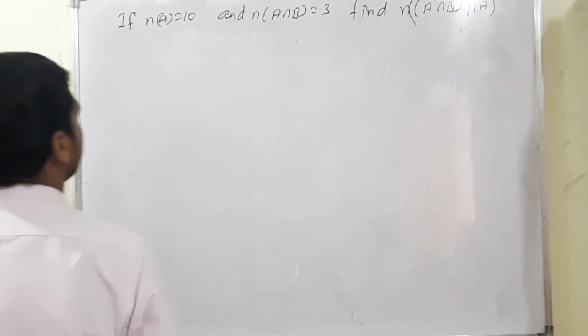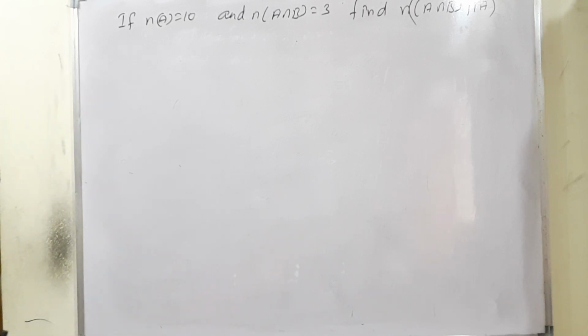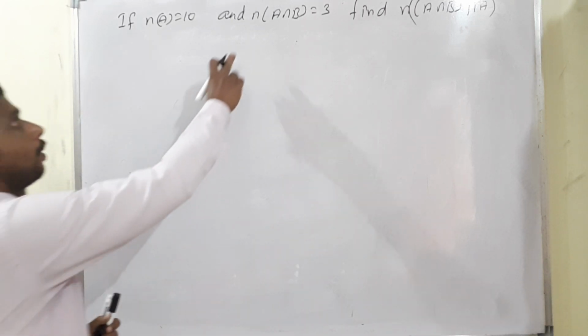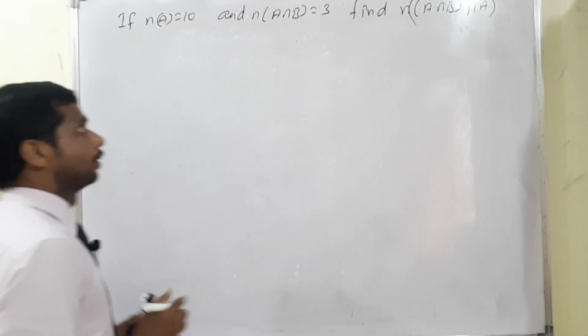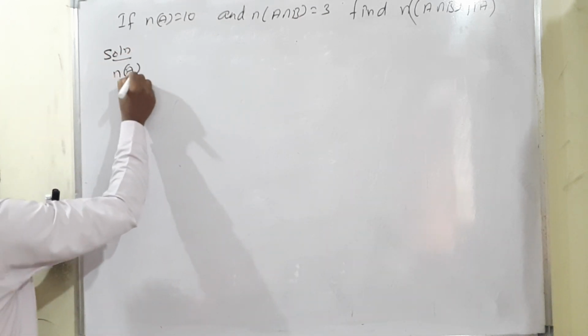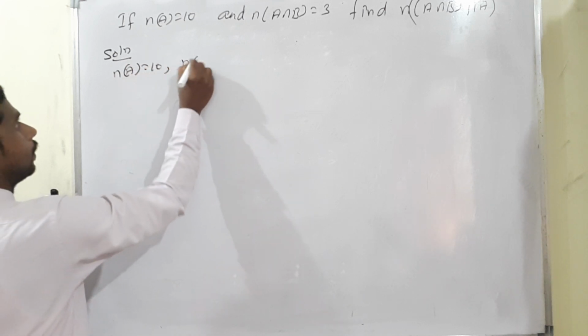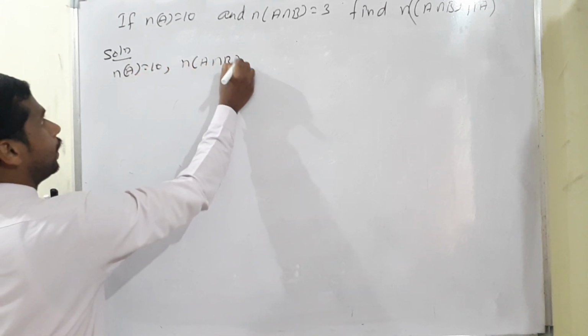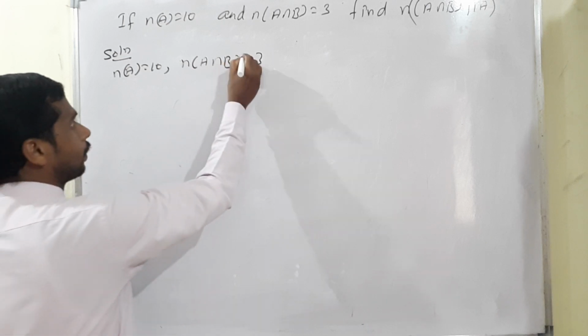Moving to example 1.7, if number of A is equal to 10 and the number of A intersection B is equal to 3. So given solution, number of A is equal to 10, then number of A intersection B is equal to 3.